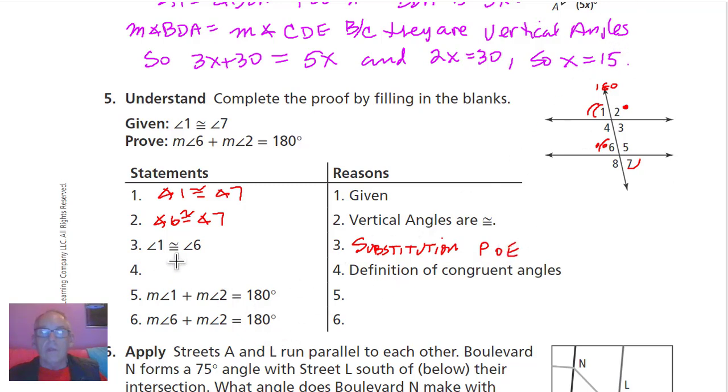Since these are congruent angles, the measure of angle 1 is equal to the measure of angle 6, and that's the definition of congruent angles. Now 1 and 2 are a linear pair, or they're supplementary. So linear pairs are supplementary, which means they add to 180.